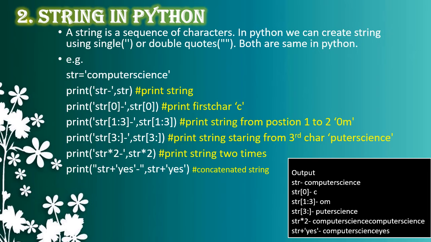Python starts at position 0, so the 0th position is C, letter O is position 1, M is position 2, and P is position 3, so from there onwards is printed. And next, star 2 means it will be repeated 2 times, and plus means it will concatenate S with computer science, and that was printed.